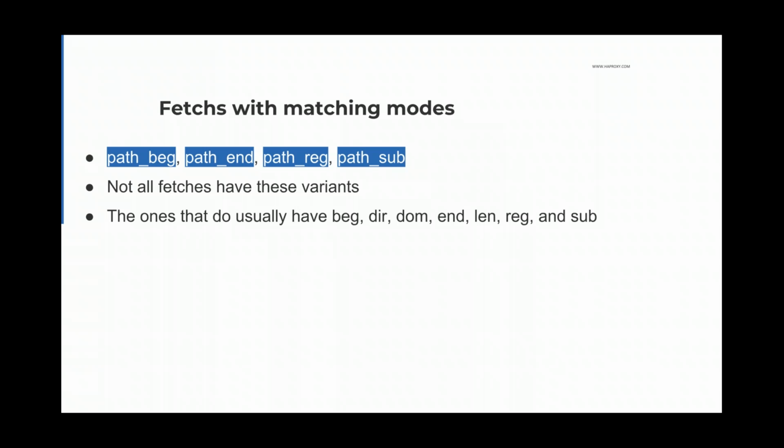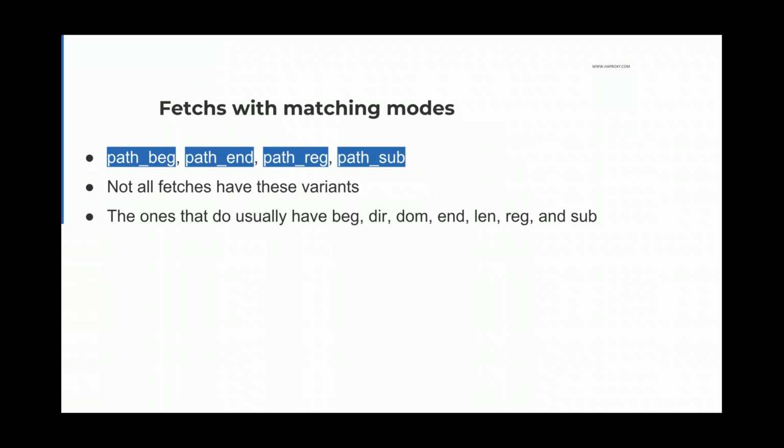Not all fetches have these variants, but the big ones that usually do will offer beg, dir for a directory match, which is similar to domain match, except separated by slashes, dom for domain match, end, len, which matches against the length of the input string, reg for regular expression, and sub. The big ones like path have those, and map also has them. But a lot of the other fetches will not have any of them.